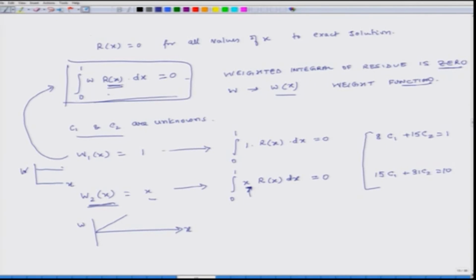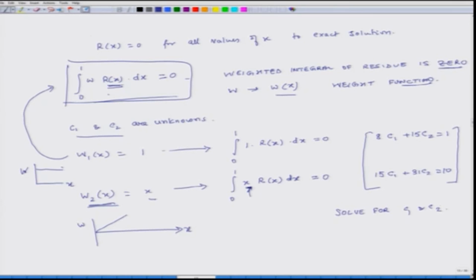Now, these are two mutually independent equations with two variables. So, I can solve for C1 and C2.